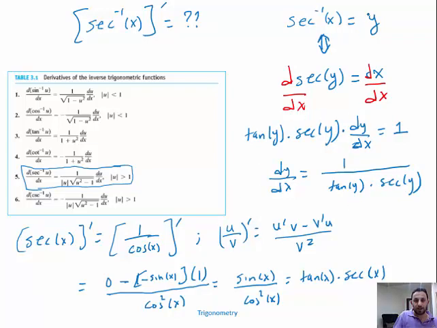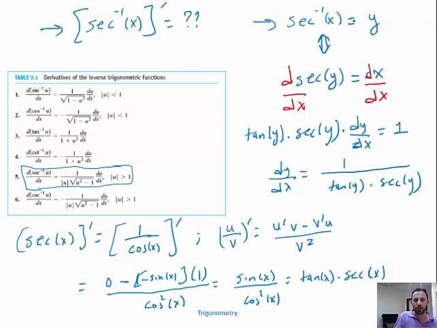Again, if we are able to find dy by dx, it is the same as the derivative of secant inverse of x. y prime is the same as, so differentiate both sides in the first assumption, y prime is equal to the derivative of secant inverse of x. But y is something I added, so I need to define what y is, and I should remove y from my equation because I don't have y in the initial equation.